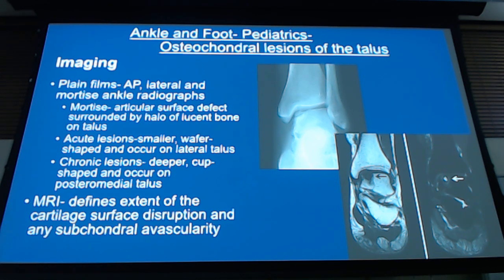When you take an MRI of the talus, you can get a better appreciation for the extent of the OCD. So again, even in cases where the natural contour of the talus is intact, you may see some actual disruption on the MRI.